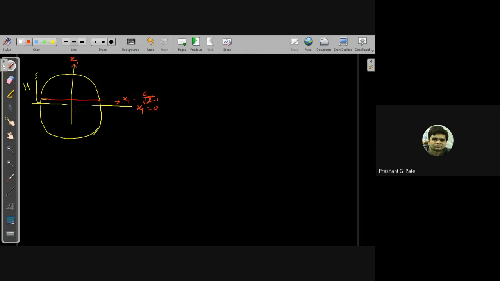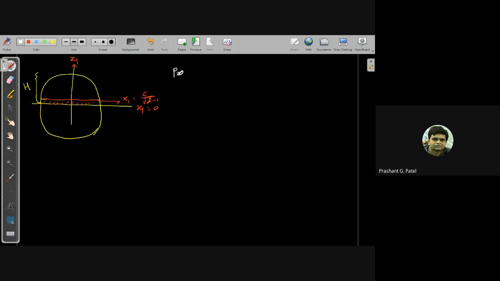So what we have to prove is most of the volume is in between these two lines. Due to the symmetricity, whatever we prove for this hemisphere, that is the upper half plane, the same thing will apply for the lower also.